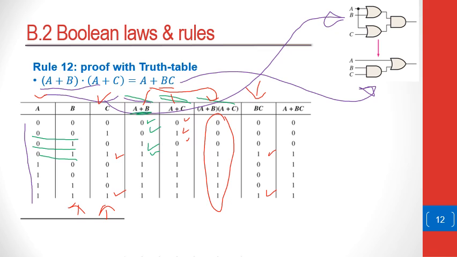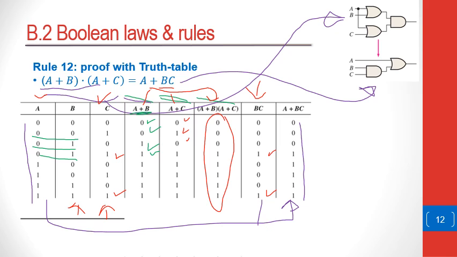And what we do is we look at B and C or A. So that combination, we bring it here, and it gives us this result.